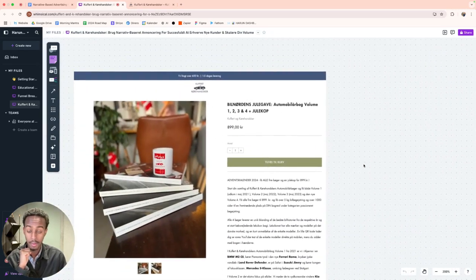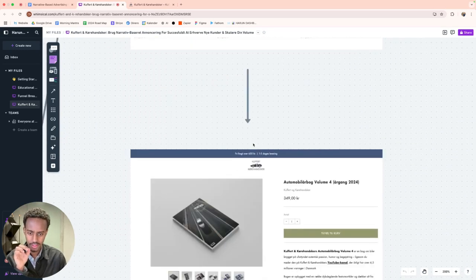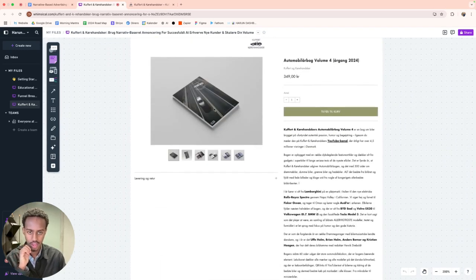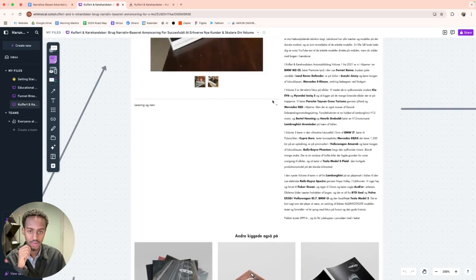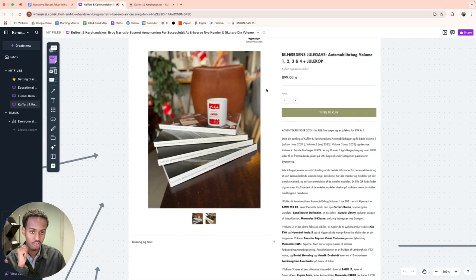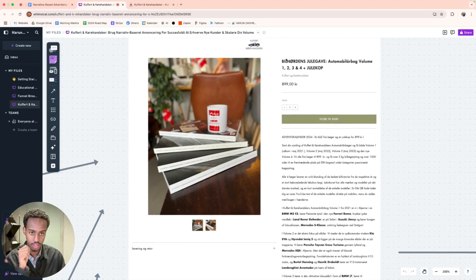And from our ads, we direct them into a landing page where you can see yet again we have our main offer, we have our hero offer, and we are essentially also currently testing a bit on the landing page here. So you can see we have the primary landing page with the book itself, but we also have a landing page where we are testing with a bundle and keeping the narrative cohesively.